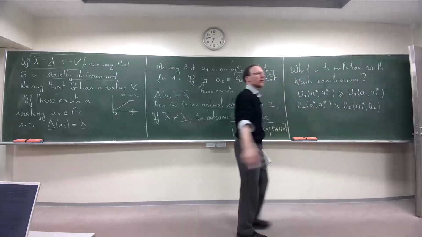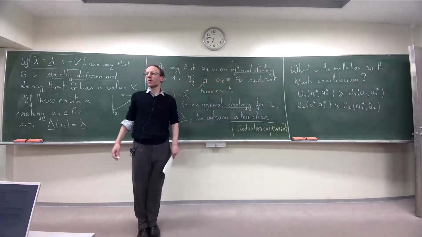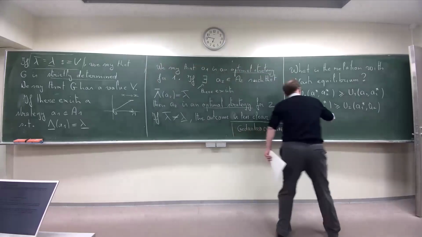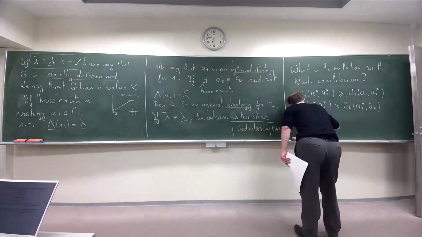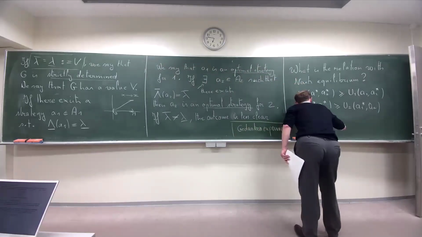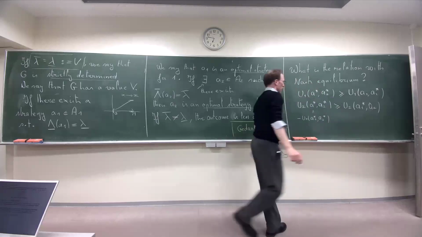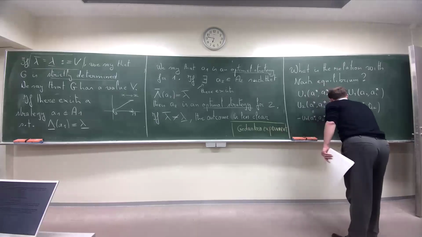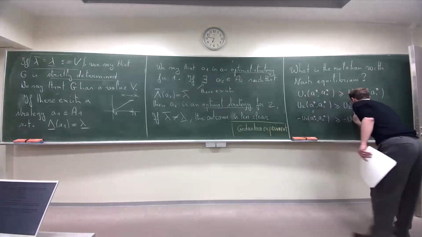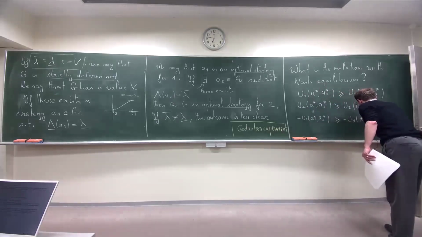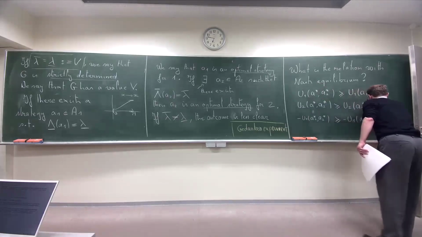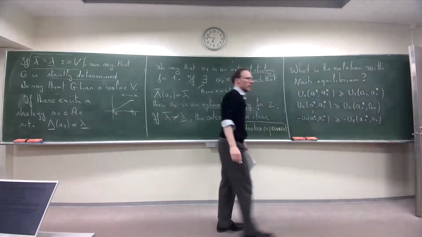But there is no U2 because we are in a zero-sum game. So it means this is minus U1 of A1 star, A2 star, bigger or equal to minus U1 of A1 star, A2, because they are just a minus.